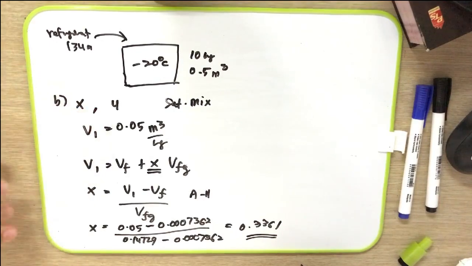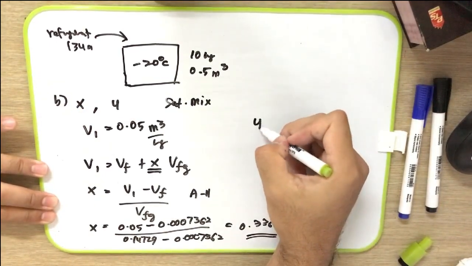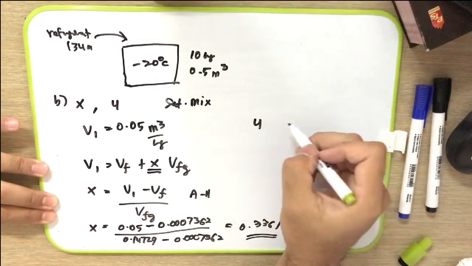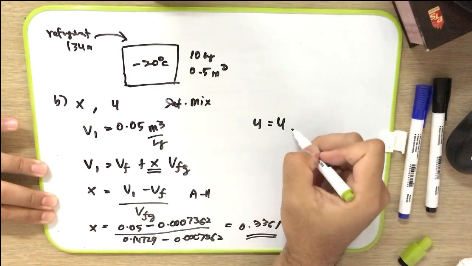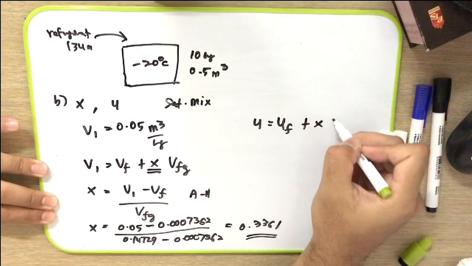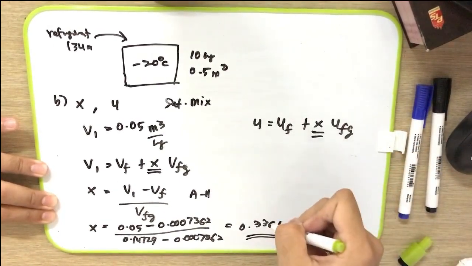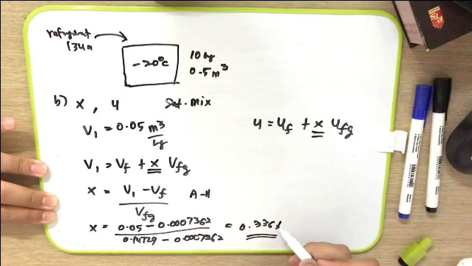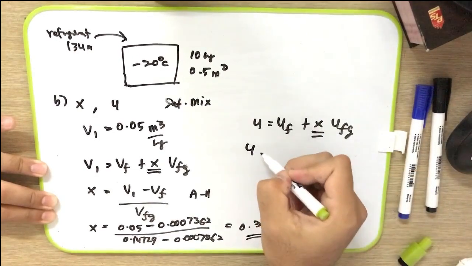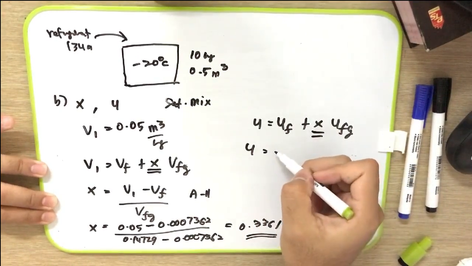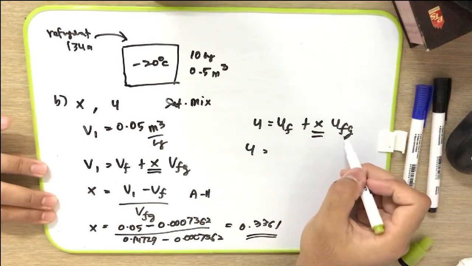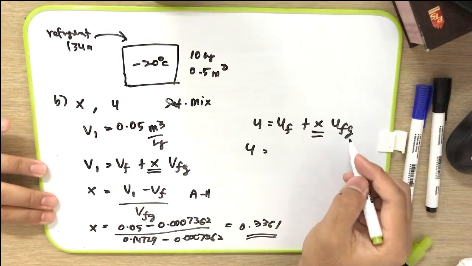Right, how about U? We need to find U, right? Because this is saturated mixture, we need to use this equation as well: UF plus X UFG. X we already have here, so just substitute in. So U is equal to UF, and UFG you can get from table A11 as well.